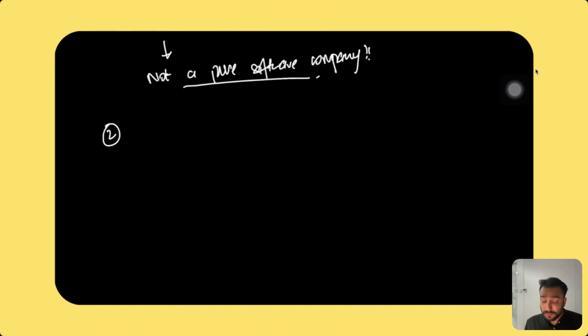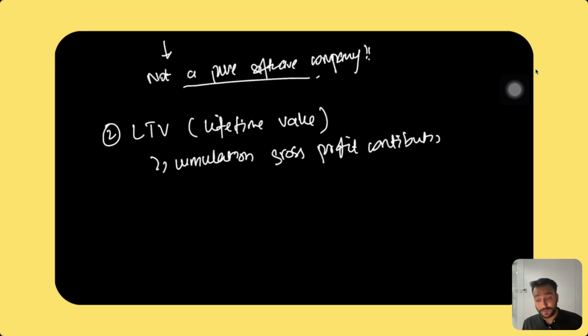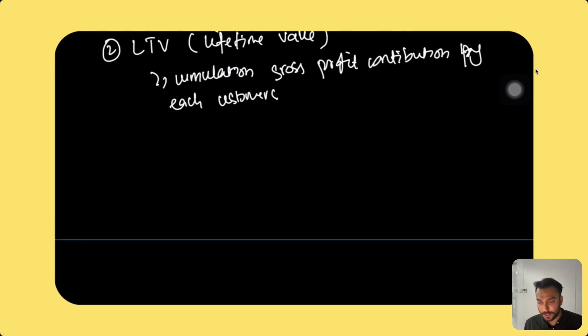Next up, we have customer lifetime value, which is the cumulative gross profit contribution net of CAC of the average customer in your cohort. This actually tells us about the health of your users within your company.